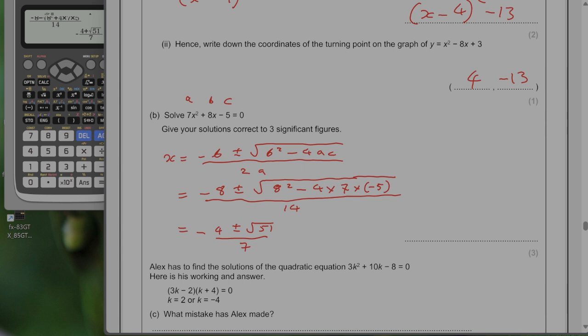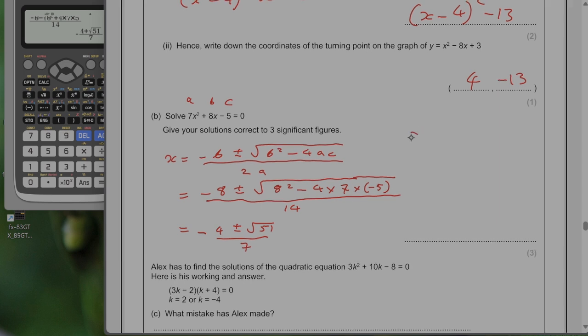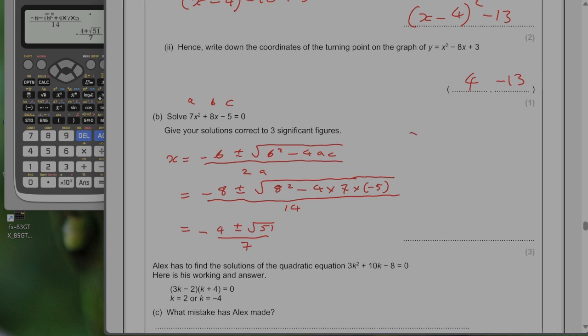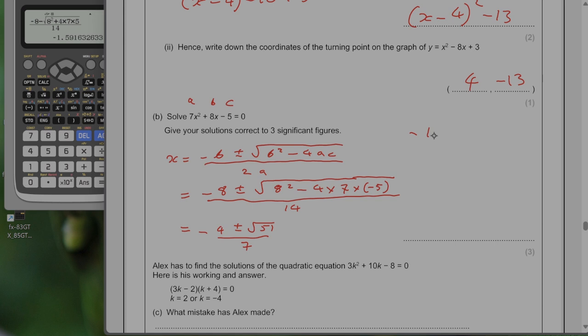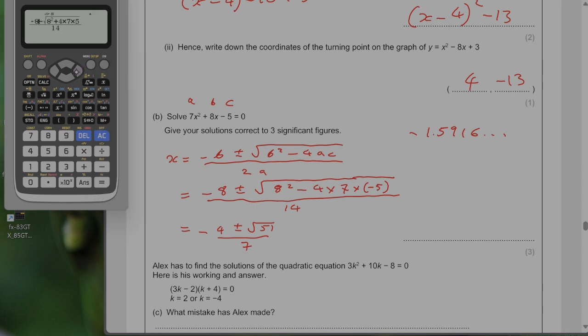So my first value then is going to be equal to the negative version. So minus 1.5916 dot dot dot. Then I'm going to put my positive version in.